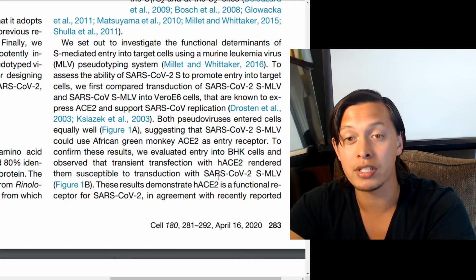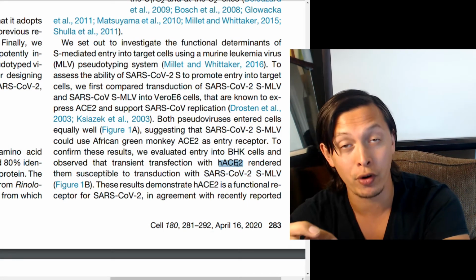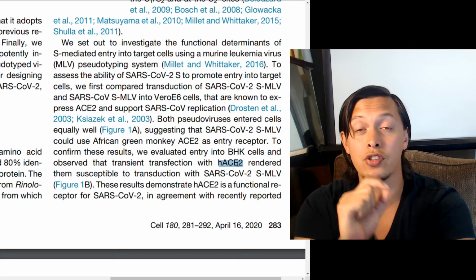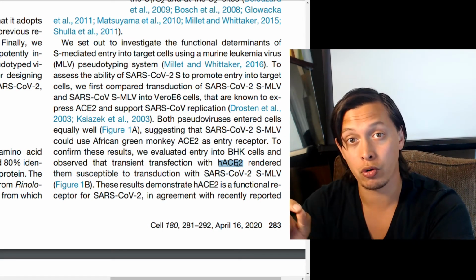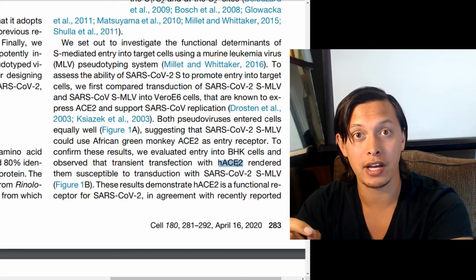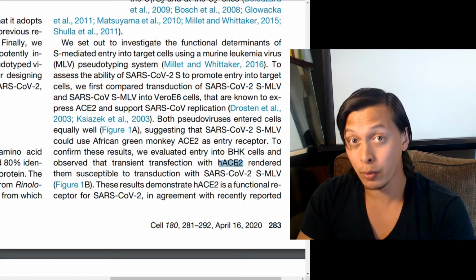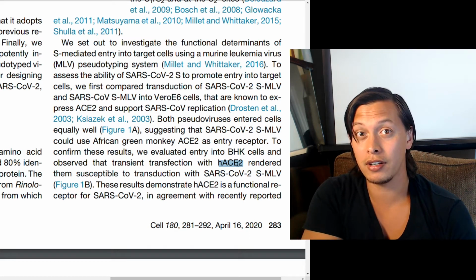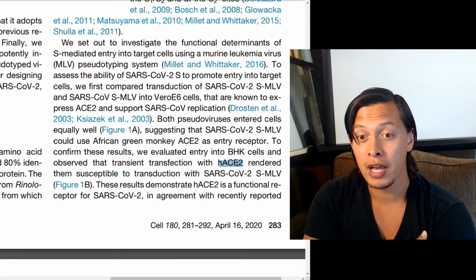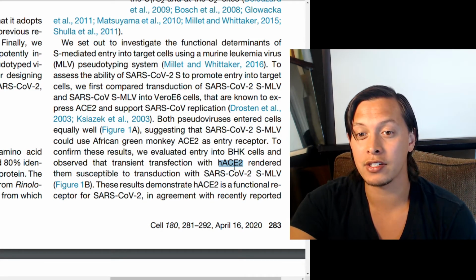So this verifies that the ACE2 receptor is a receptor that the SARS coronavirus 2 is able to exploit to get into cells. Now, that doesn't say that that is the only receptor. There could be another receptor that the virus could use. But this is at least one receptor that will allow the virus to stick to the cells.